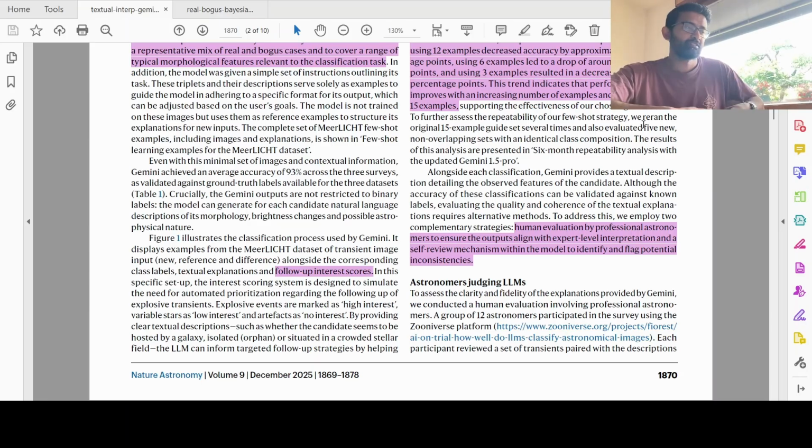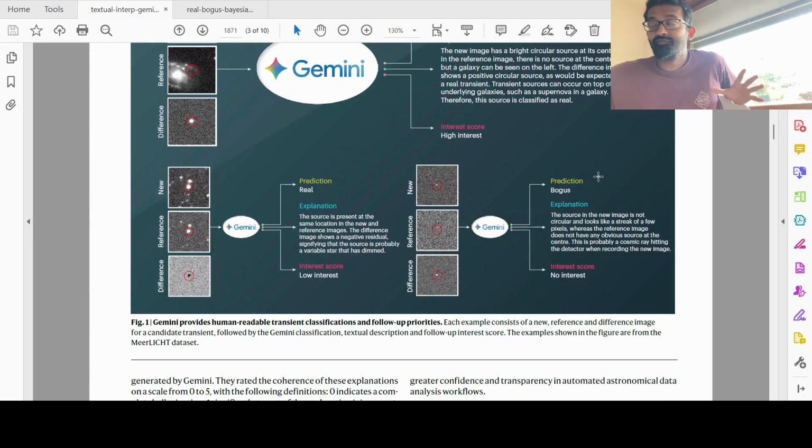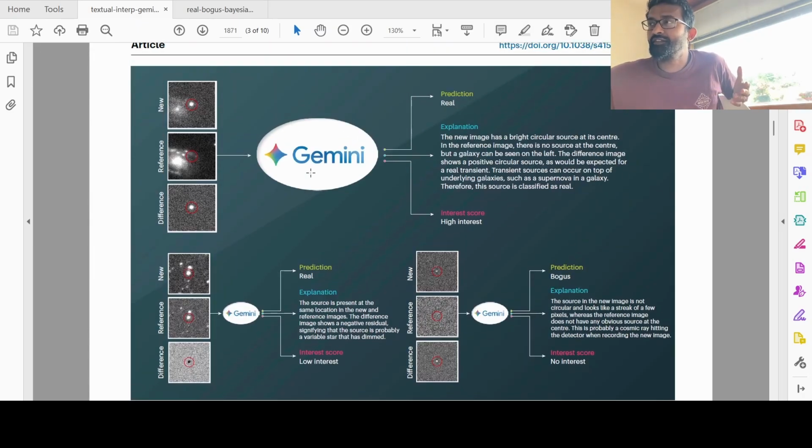And then they go for the textual interpretation, and they ask human astronomers, hey, what do you think about this explanation, whether it's correct or not? So the results are actually fascinating. By the way, this is the main image that showed up in the Nature Astronomy paper.